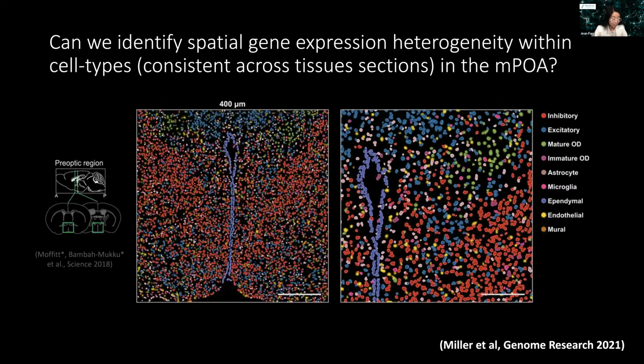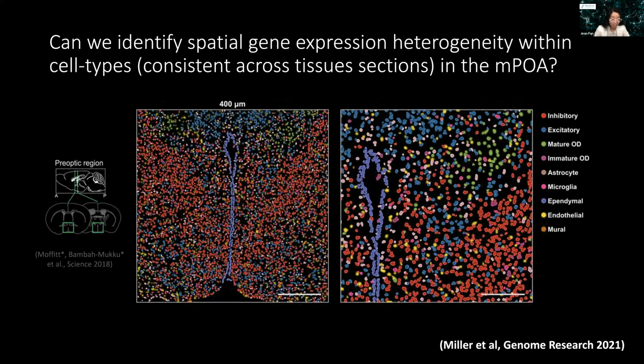Okay, well, so then having shown that MERINGUE can identify spatially variable genes in a density agnostic manner, what we really wanted to do was apply our approach to look for spatially heterogeneous genes in the hypothalamic medial preoptic area, which is an area where you can see there are certain regions that are higher in cell density, or certain regions that are lower in cell density, and so forth.